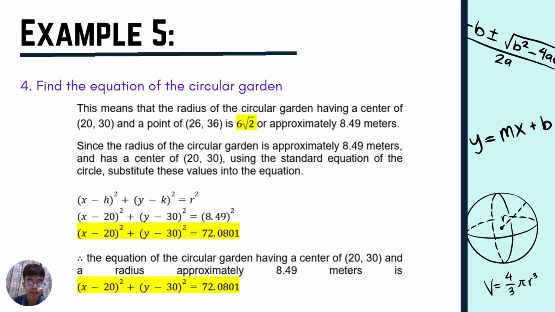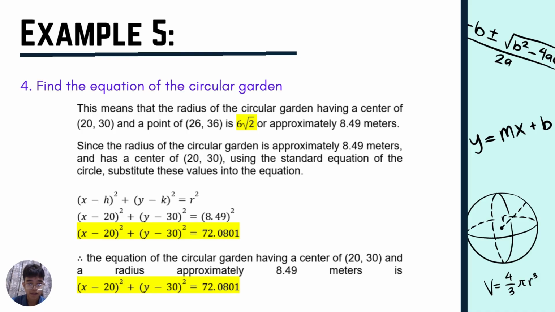Since the radius of the circular garden is approximately 8.49 meters and has a center of (20, 30), using the standard equation of the circle, substitute these values into the equation. We know that we will use (x minus h) squared plus (y minus k) squared is equal to r squared. So we'll have (x minus 20) squared plus (y minus 30) squared equal to 8.49 squared.